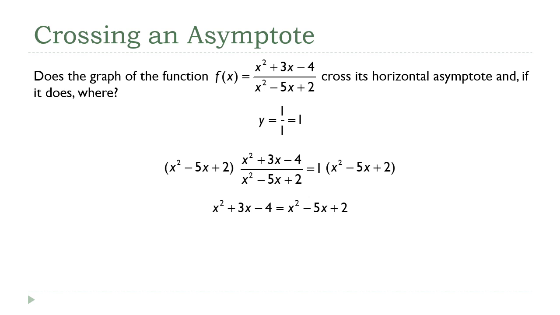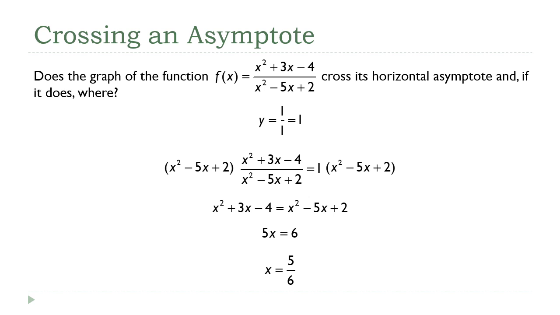Now, that might not always happen, right? We just got lucky with this one. So I'm going to subtract x squared from both sides. I'm going to add 5x to both sides. And I'm going to add 4 to both sides. Right, so that's going to turn this into 5x equals 6. And if we divide both sides by 5, we get x equals 6/5.